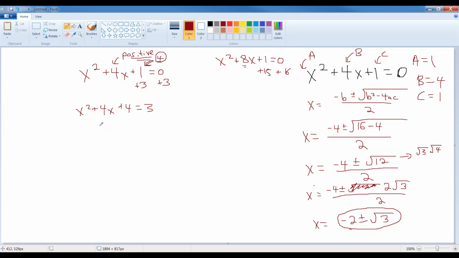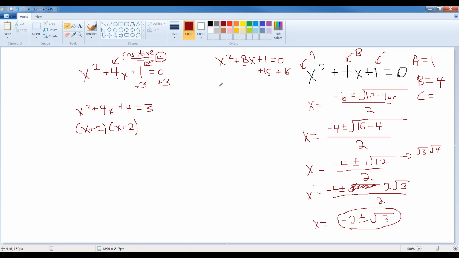And here we can complete the square because this breaks down into x plus 2 times x plus 2. That's what this will accomplish. If you have half of this number squared over here, that means that these two binomials will be the same.